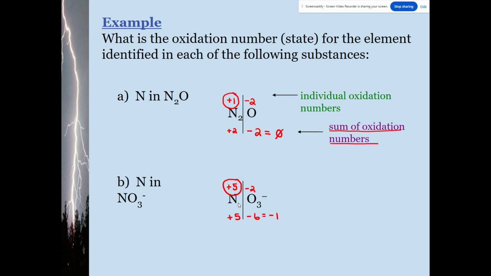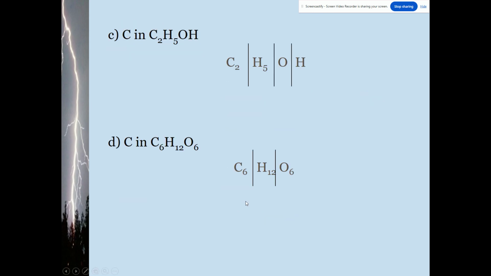Okay? So looking at a couple more examples, we're going to look at carbon in ethanol and carbon in glucose. Both of these are neutral molecules where they have no net charge, right? They only have a net charge if they're a polyatomic ion. When they're a molecular or ionic compound, the net charge is 0.